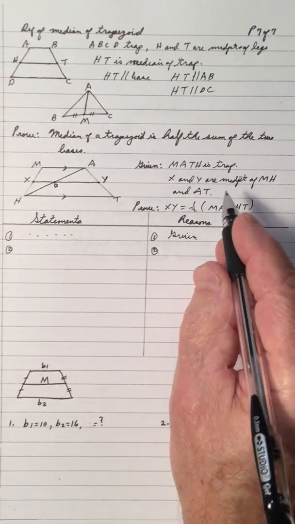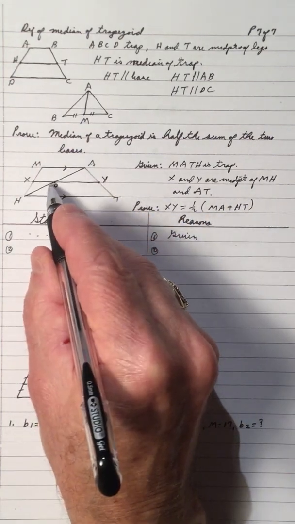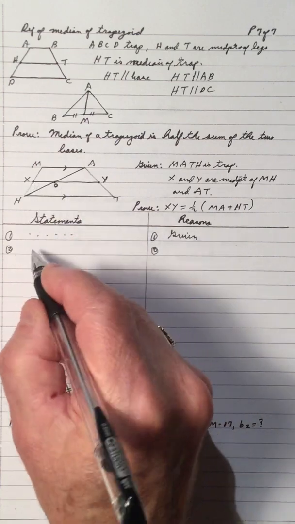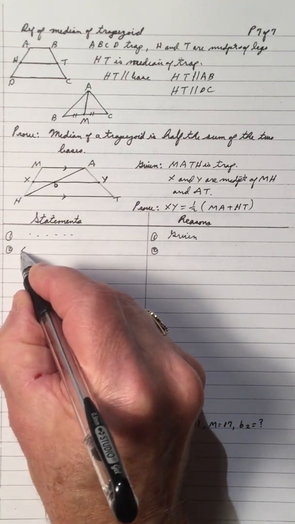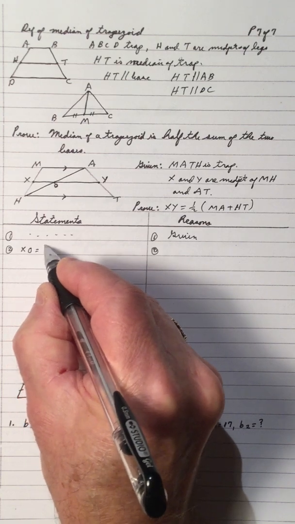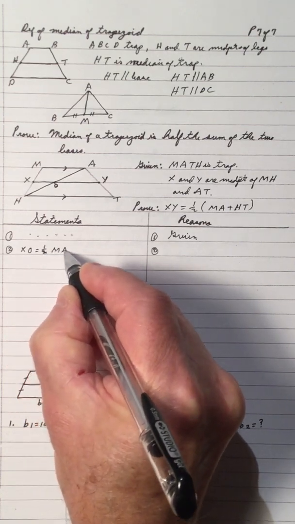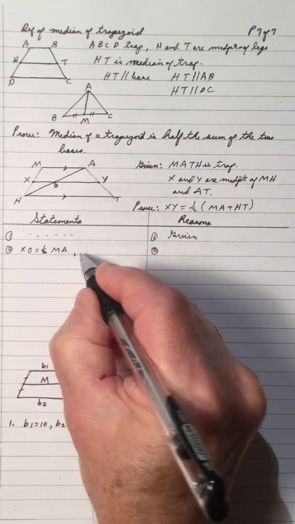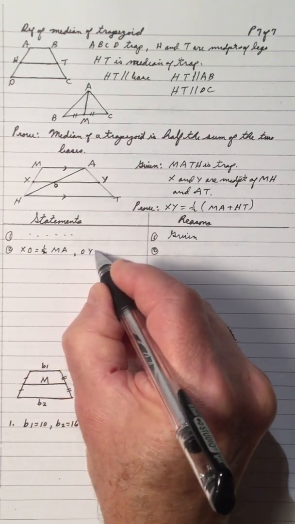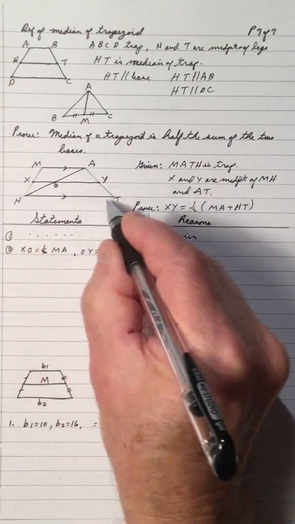Now we got, because this is a midpoint, and this is the midpoint, XO is a half of MA. And also we have OY is a half of HT.